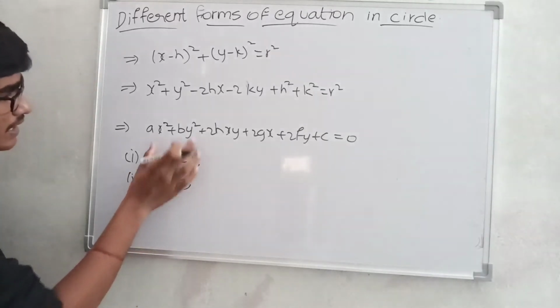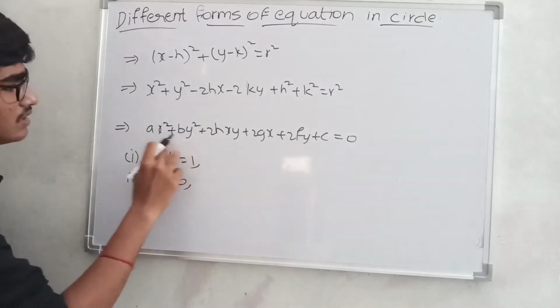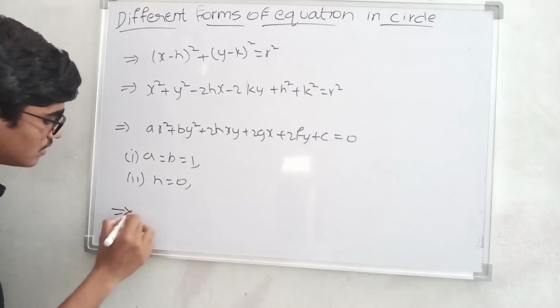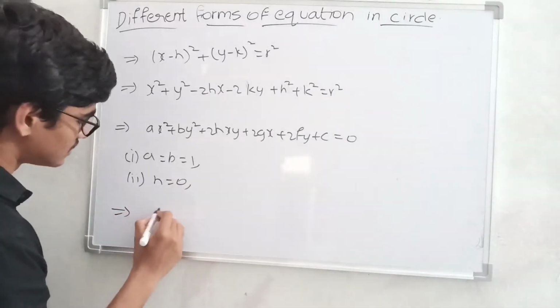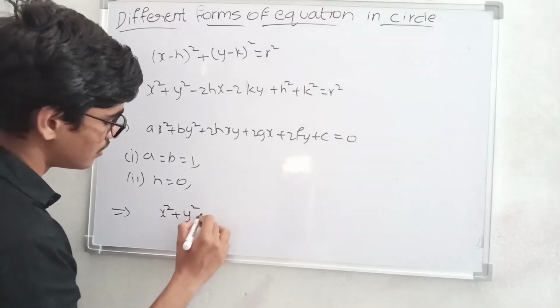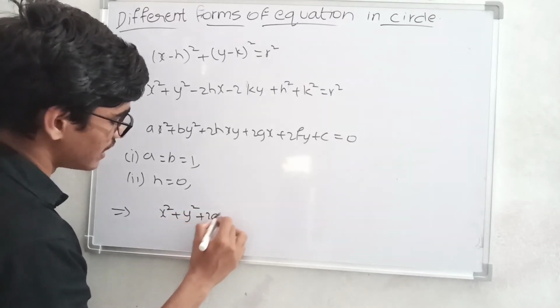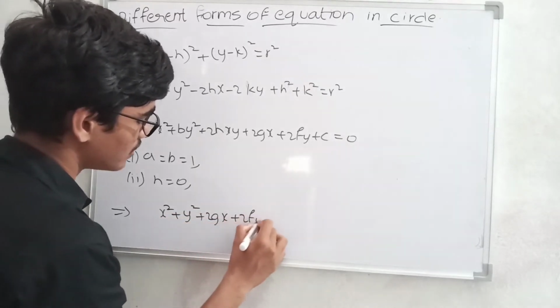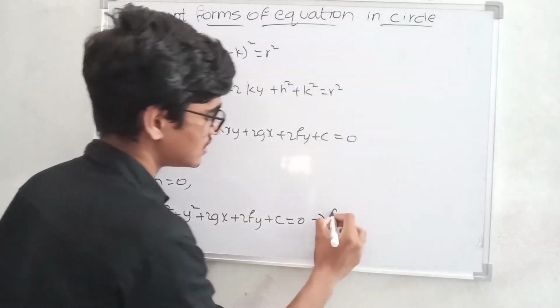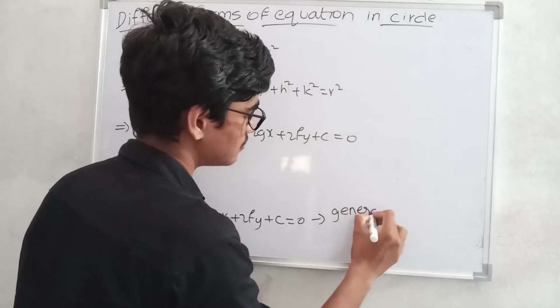On taking this in the general second-degree equation, we get the general equation of circle as x square plus y square plus 2gx plus 2fy plus c equal to 0. This is the general equation of circle.